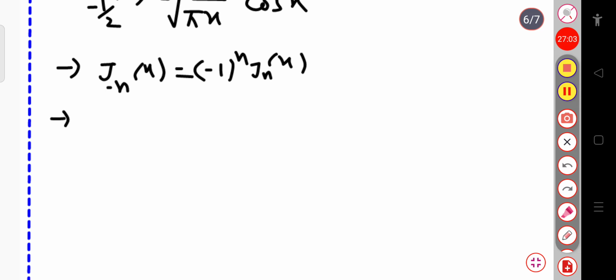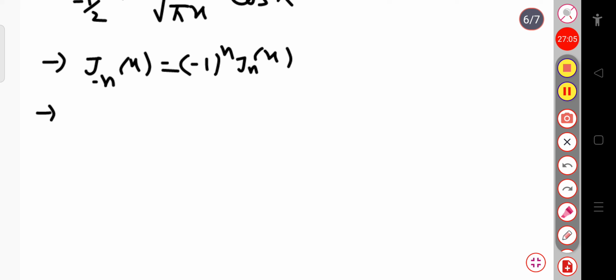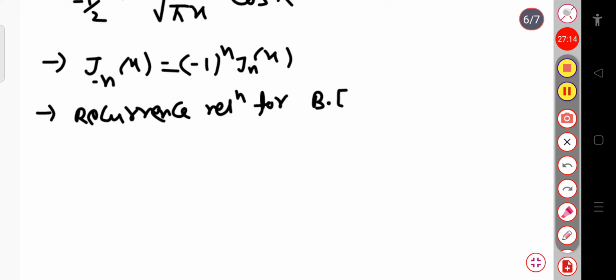Here you can remember some recurrence relations for the Bessel function. x Jn prime of x is equal to n Jn of x minus x Jn plus 1.